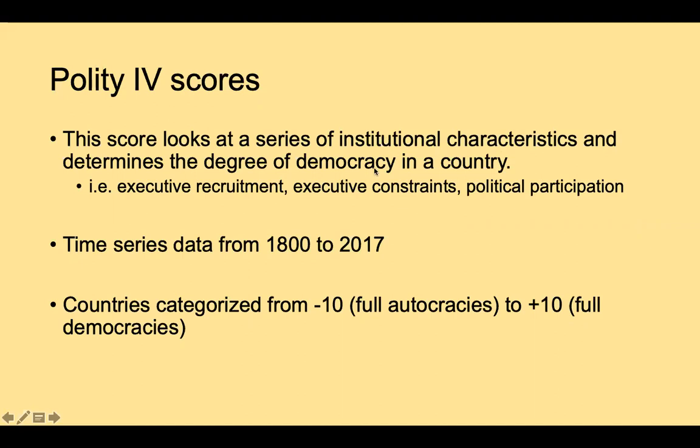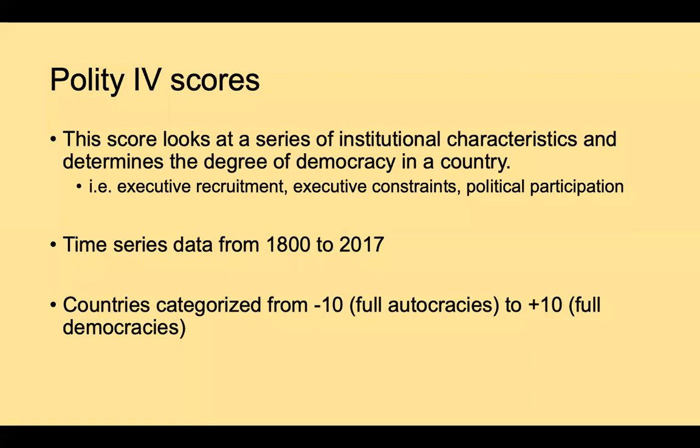The reason that it's kind of confusing, and the reason I haven't gone into a full elaboration here, is because some of the categories are weighted differently than others. And there's not actually a lot of justification for why some of them are weighted more than others. But in general, the categories that matter are these institutional characteristics that relate to institutions like the executive and the legislature, voting rights and stuff like that.